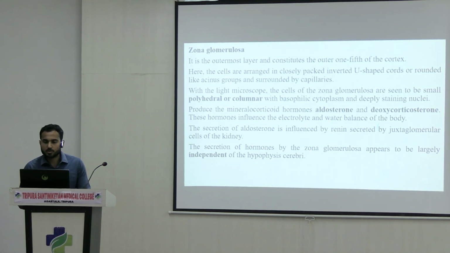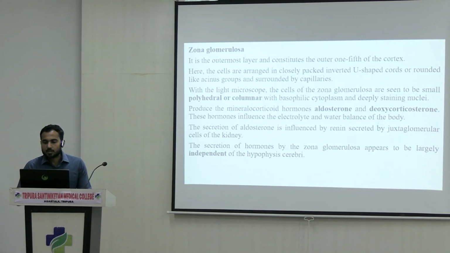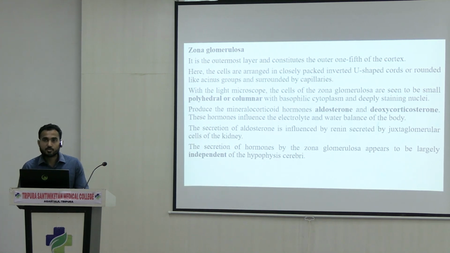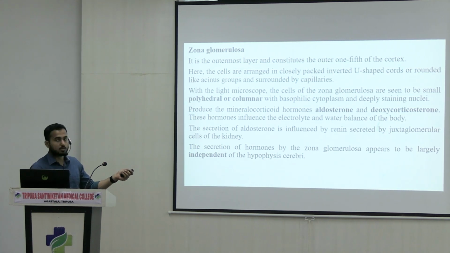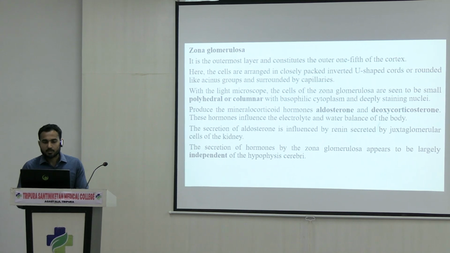So this zona glomerulosa is the outermost layer. Approximately the outer 1/5 of the cortex is made up of this zona glomerulosa. If you see the cells, they are closely packed and they are in the form of inverted U-shaped cords, surrounded by capillaries.